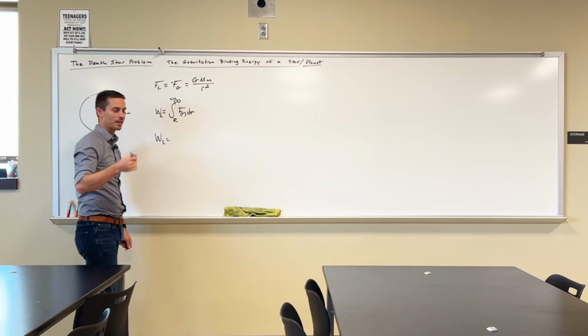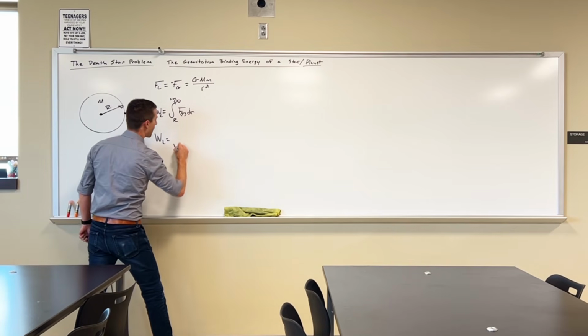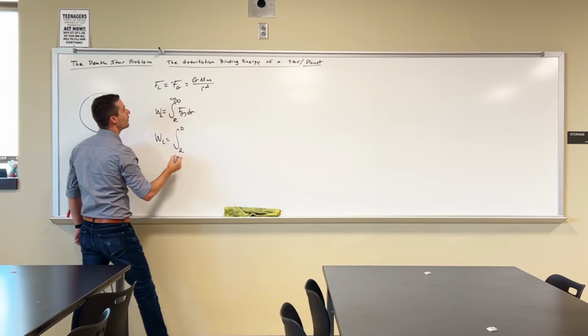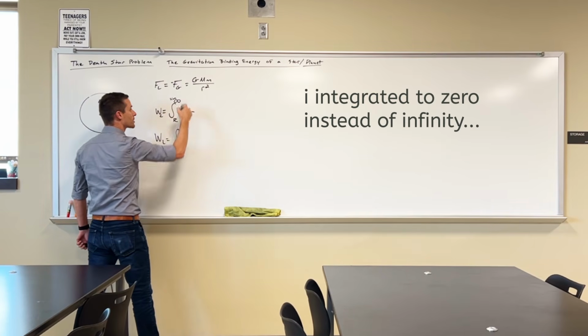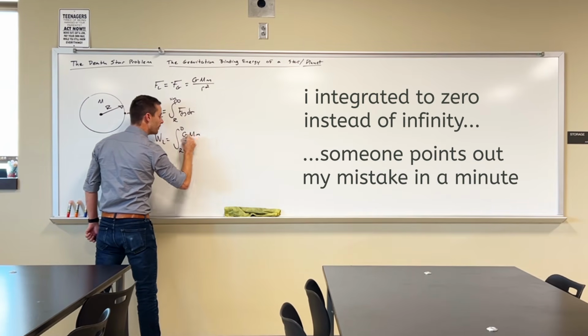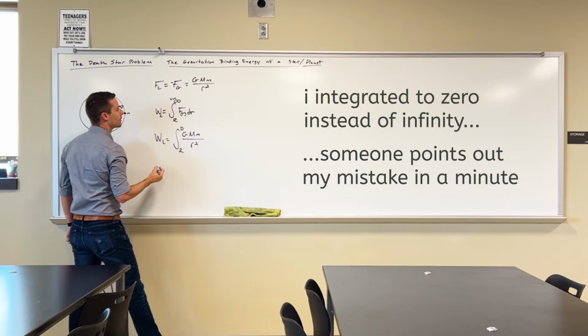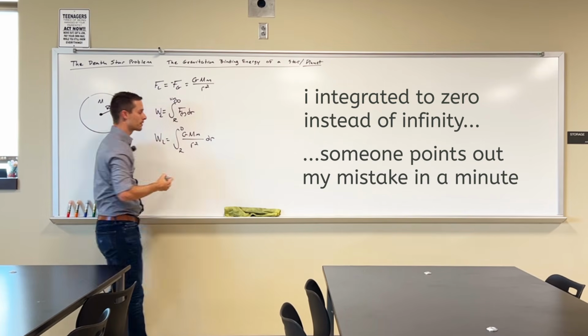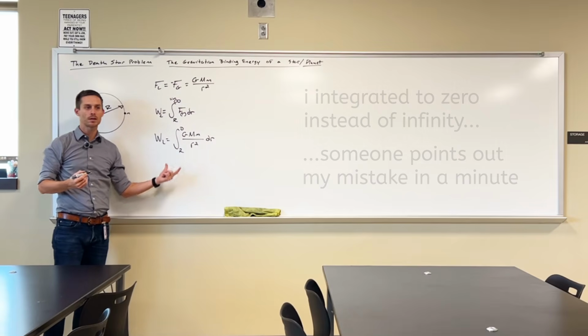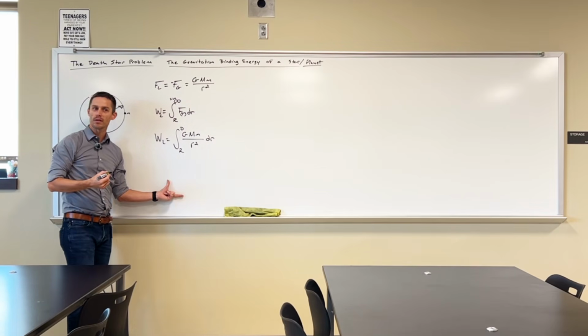Feels weird. Okay, but from r to infinity of all this, I'm just subbing this function in: GMm over r squared dr. All we're doing, and you've seen this before. What am I ultimately deriving here?